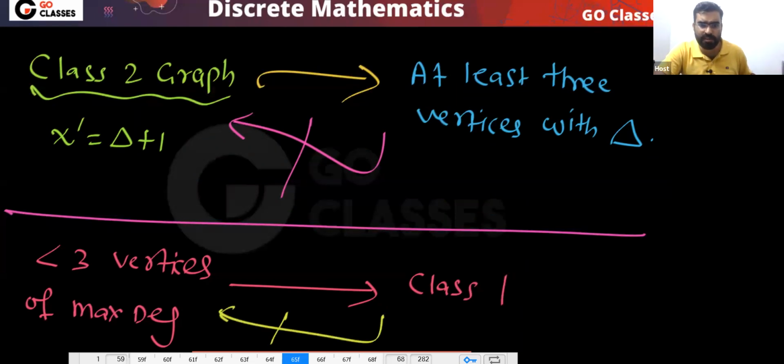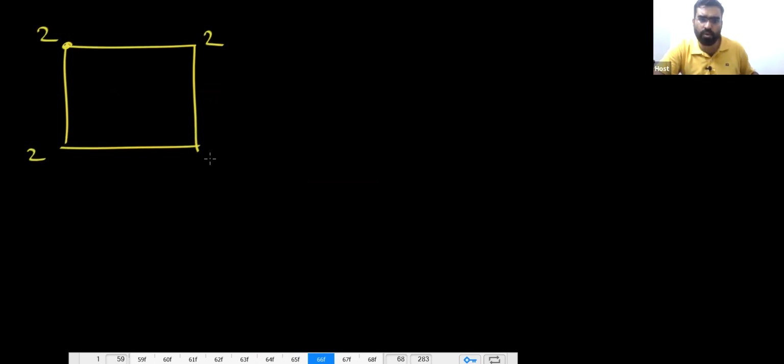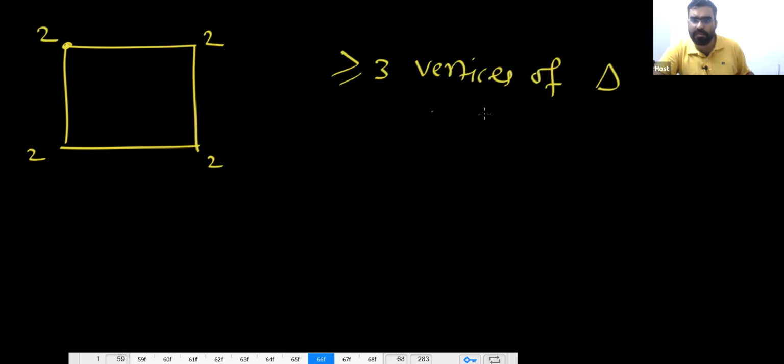Why is this a one-way statement? Because you can take, for example, this class 1 graph. We already know this is class 1. Here every vertex has degree 2, so there are greater than or equal to 3 vertices of maximum degree, and your maximum degree is 2.